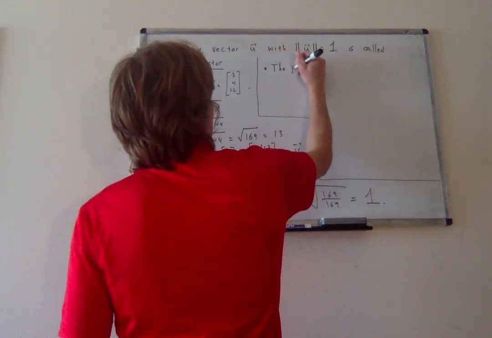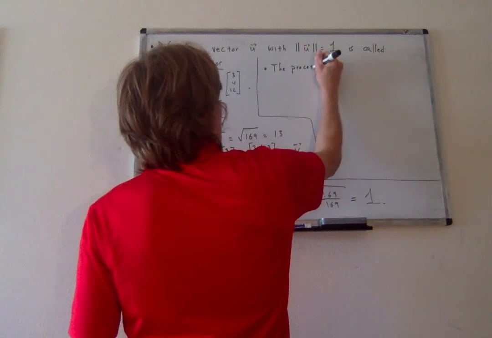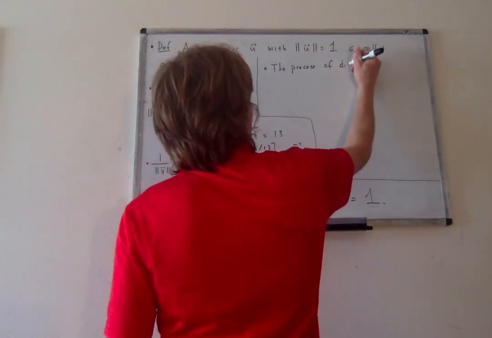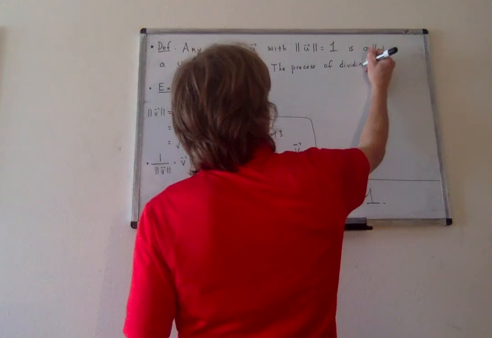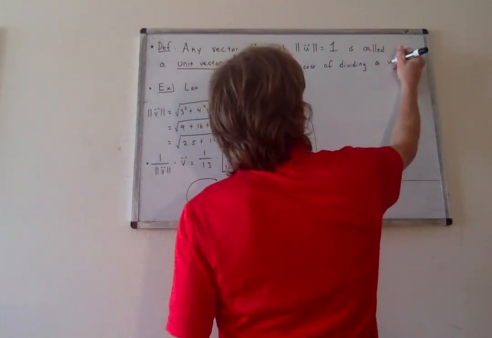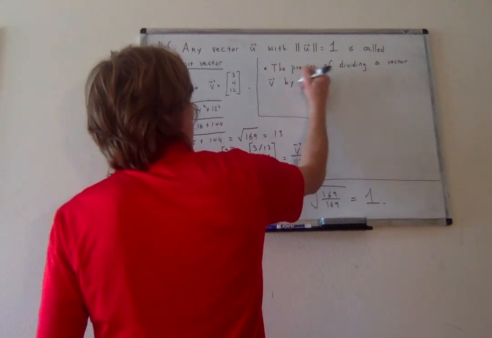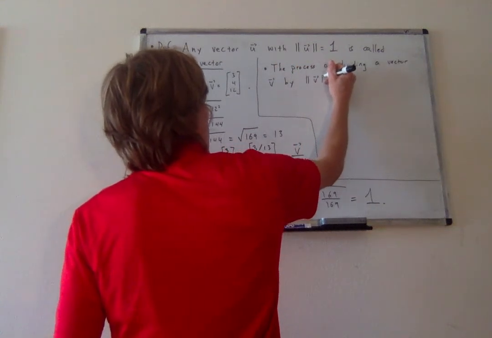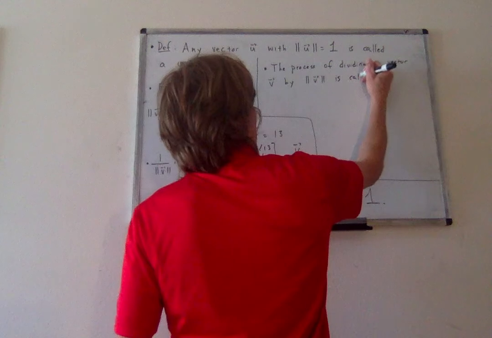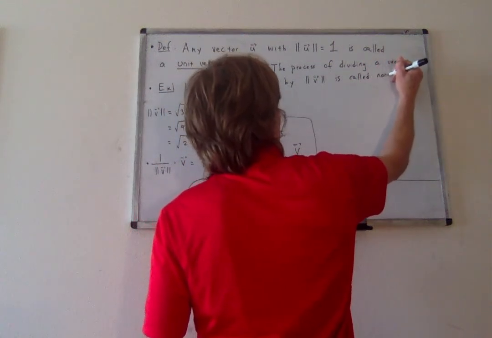So the process of dividing a vector v by its norm is called normalizing v.